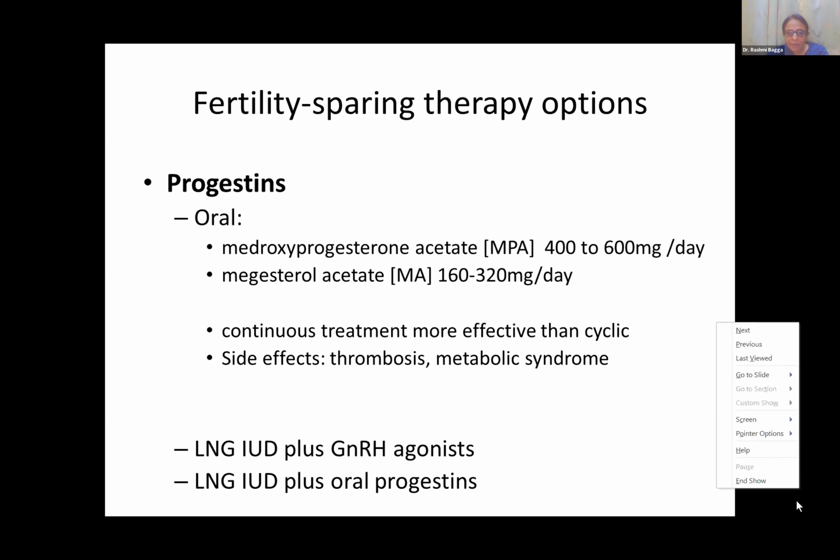The advance here, which makes more sense, is addition of a local progestin releasing device, a levonorgestrel IUD, which can be combined either with GnRH agonists or with oral progestins.